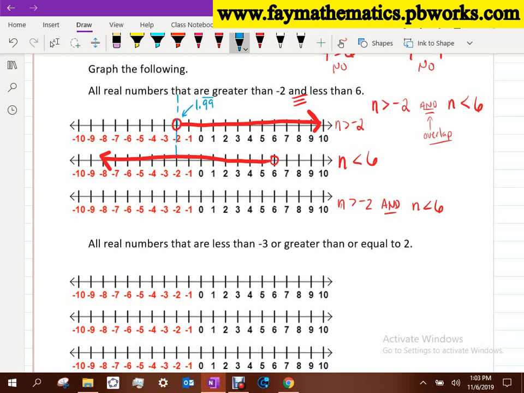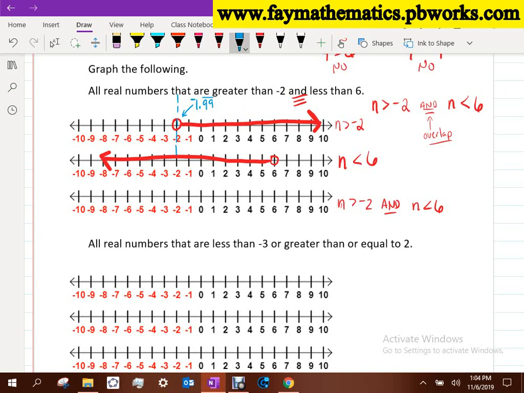No, they don't. Look, the top one has an open dot at -2. That means -1.9 repeating forever is the first number to start that list. So the overlap starts at -1.9 repeating forever.